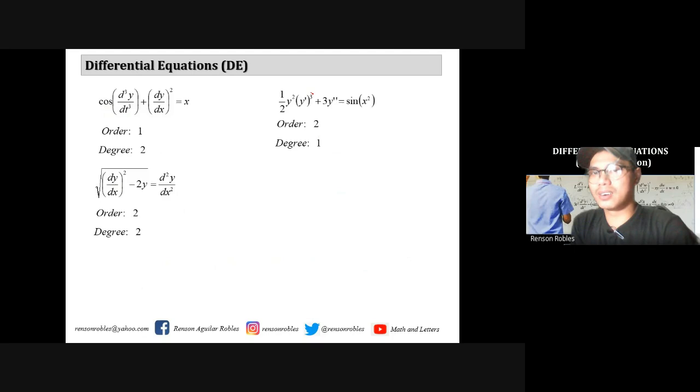Although the highest power of our derivative is 3, as we refer to our definition, the degree is the highest power to which the highest order derivative is raised. So therefore, the degree of this differential equation is equal to 1.